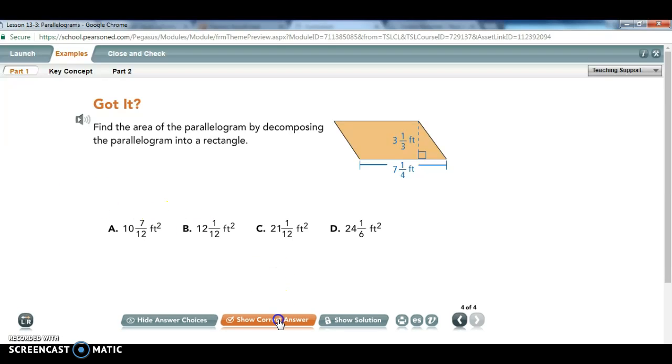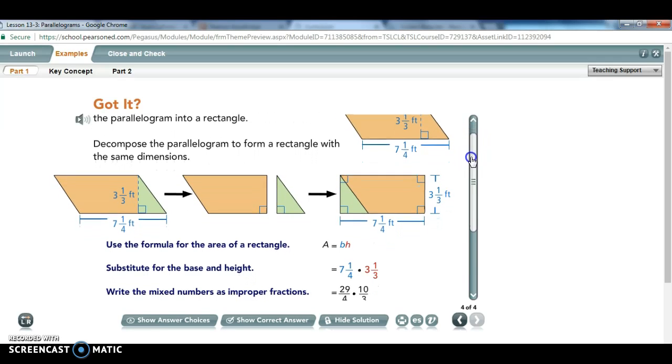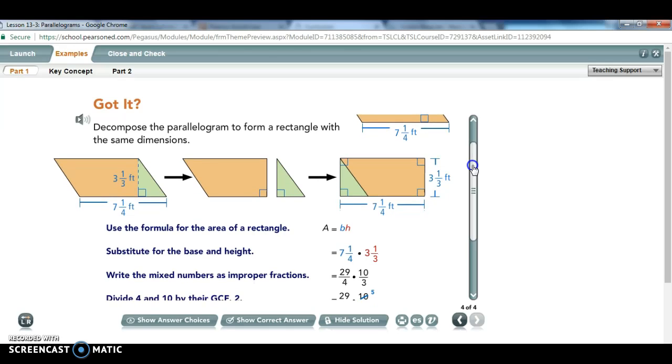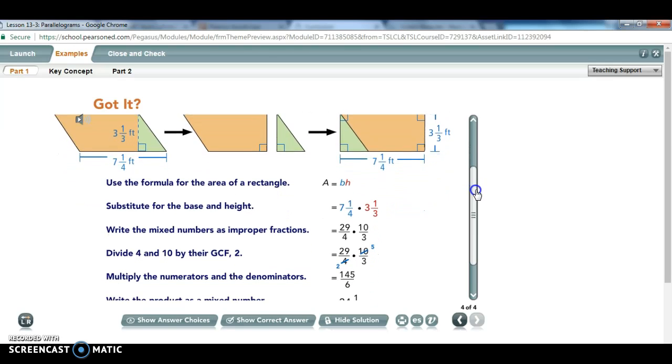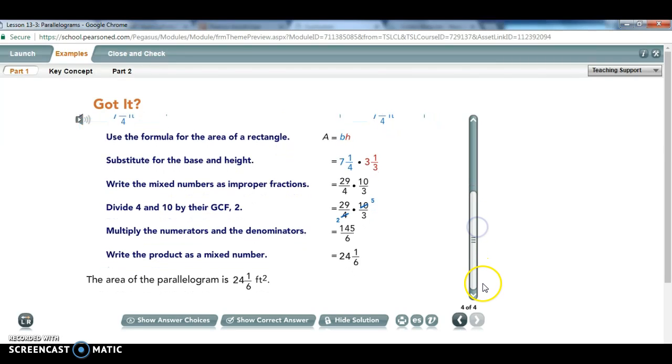The correct answer is D, 24 1/6 feet squared. Here's how you get that correct answer. You can pause the video if you need to read through this. It'd be very beneficial to make sure you understand it and to take the time to do so.